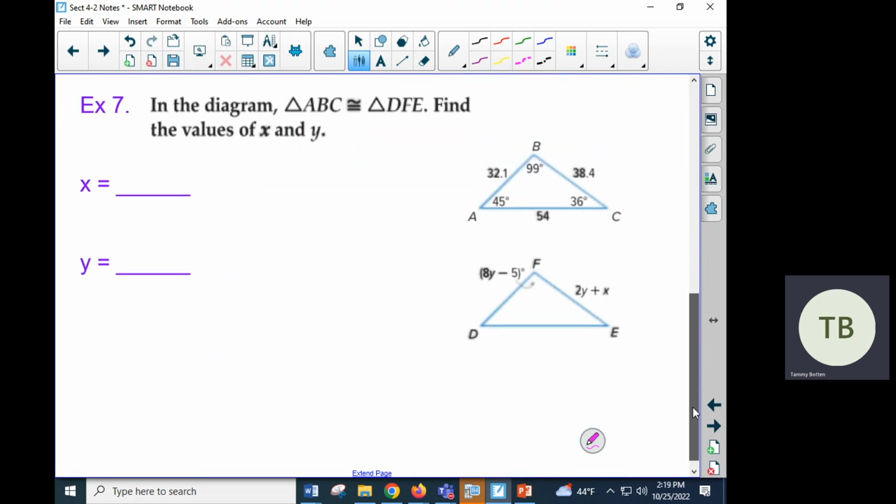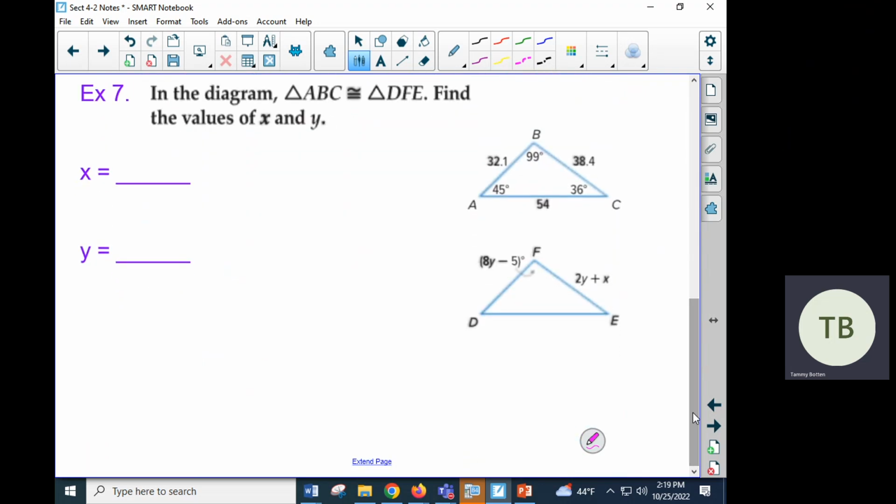All right, so now let's go down here. Notice how this one has an angle F that has a Y in it. This has an X and a Y. So I don't want to start here because there are two variables. I want to start here. So angle F right here is in the middle, so that's going to equal angle B. So I can say that this equals 99.